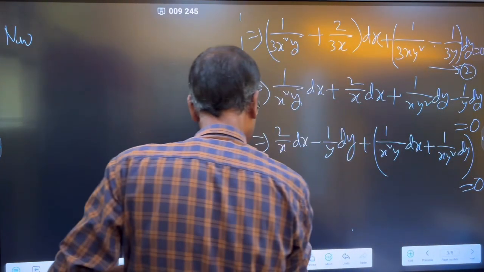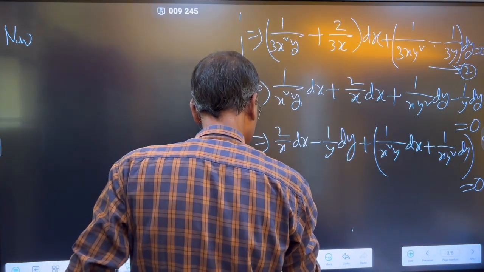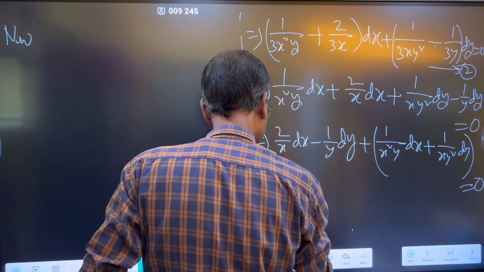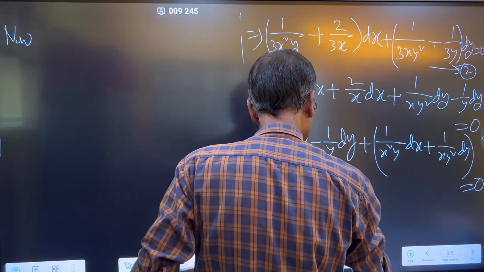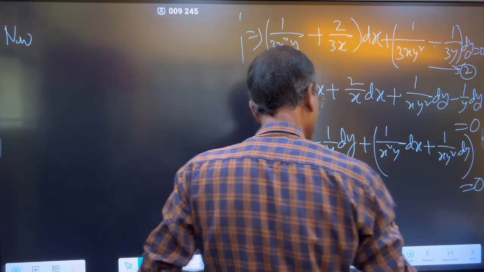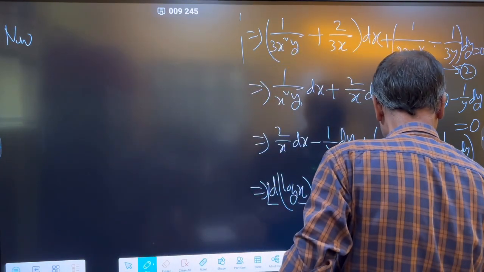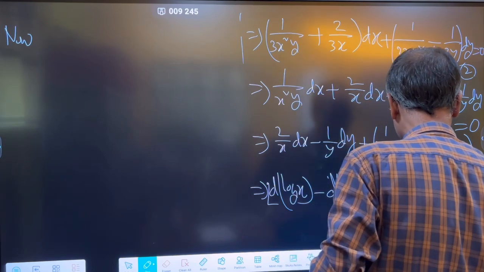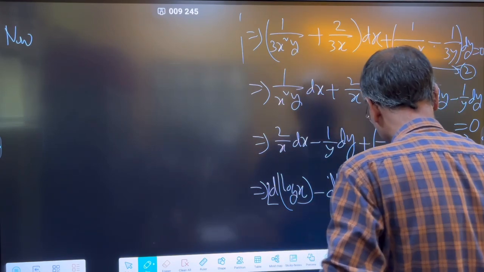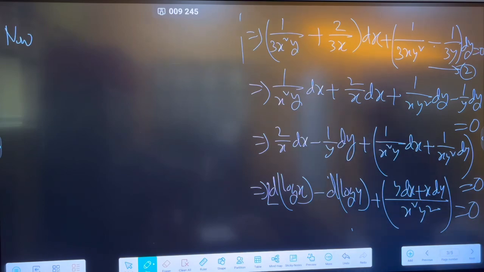Or this can be written as 2 times d of log x minus d log y, plus, over x square y square, y dx plus x dy.